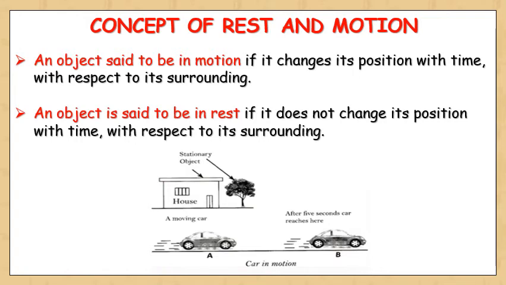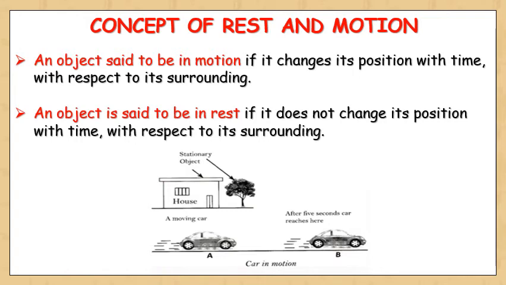Tell me, when will you say that an object is moving? Yes, an object is said to be in motion when its position changes with time. For example, when the position of a car changes with time, we say that the car is moving or in motion.